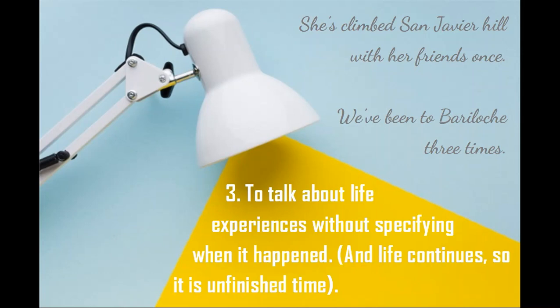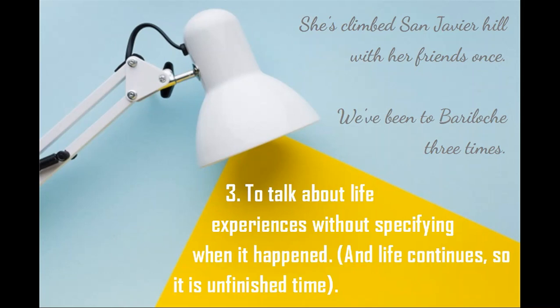Next, we've been to Bariloche 3 times. Otra vez, 3 times, no sabemos cuándo. 3 veces puede haber sido a lo largo de 15 años, 3 veces en un año. We don't know. Okay, so we've been to Bariloche 3 times. Fuimos 3 veces, no sabemos cuándo, no especificamos y no importa cuándo.